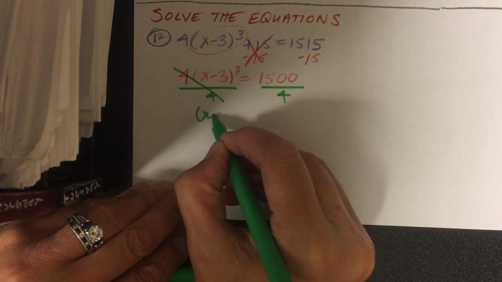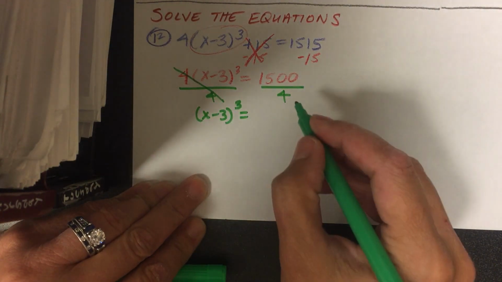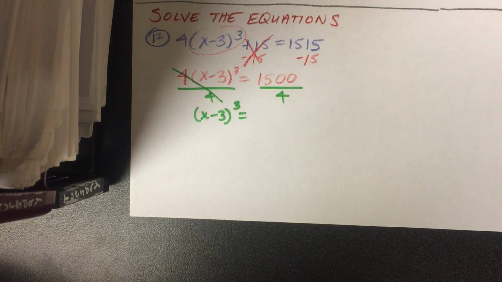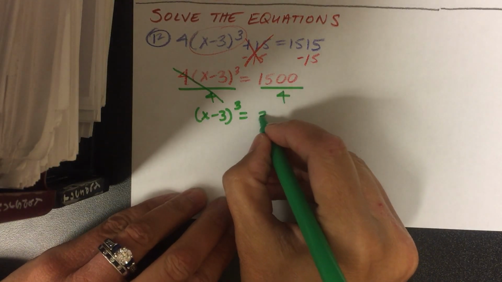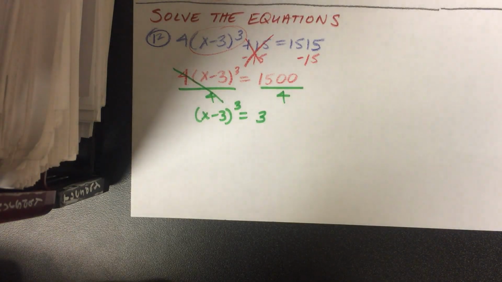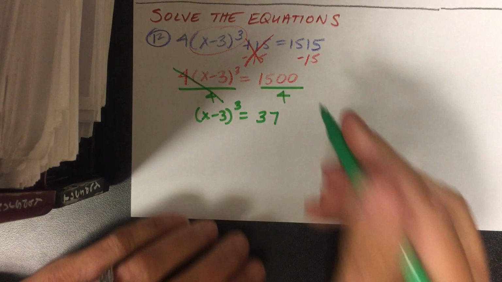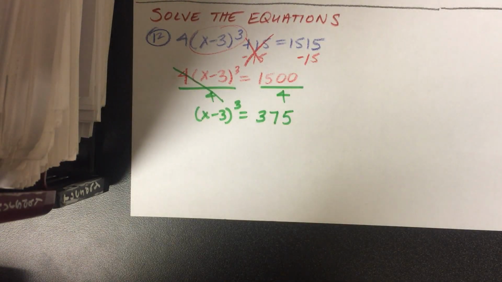This leaves me with (x minus 3) cubed, and then we have to do 1500 divided by 4. 4 goes into 15 3 times, it goes into 37 times and 25 times. So you end up with 375.